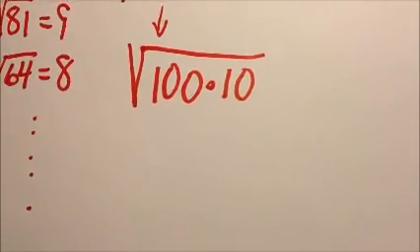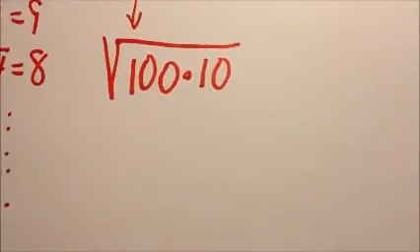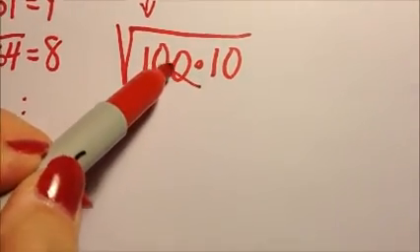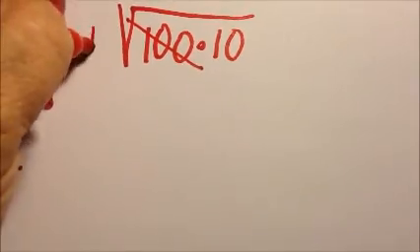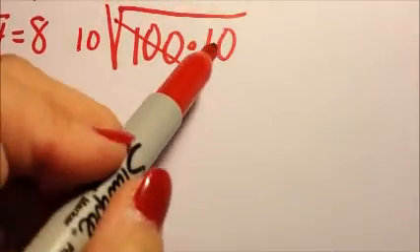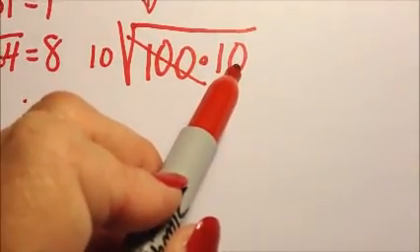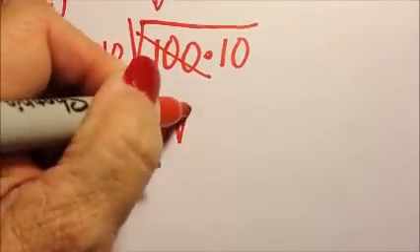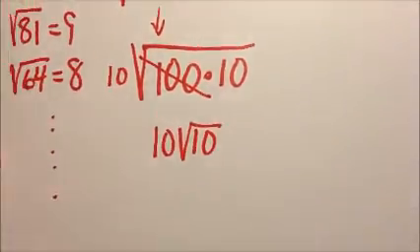I can take the square root of 100 now because it is 10, so I'm going to take that out. Now I can't do anything with 10 because I can't take the square root of it. So my answer is 10 times the square root of 10.